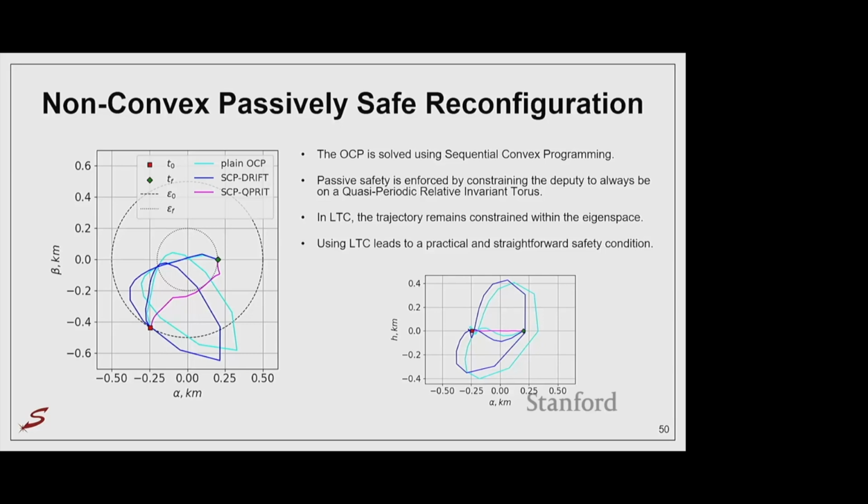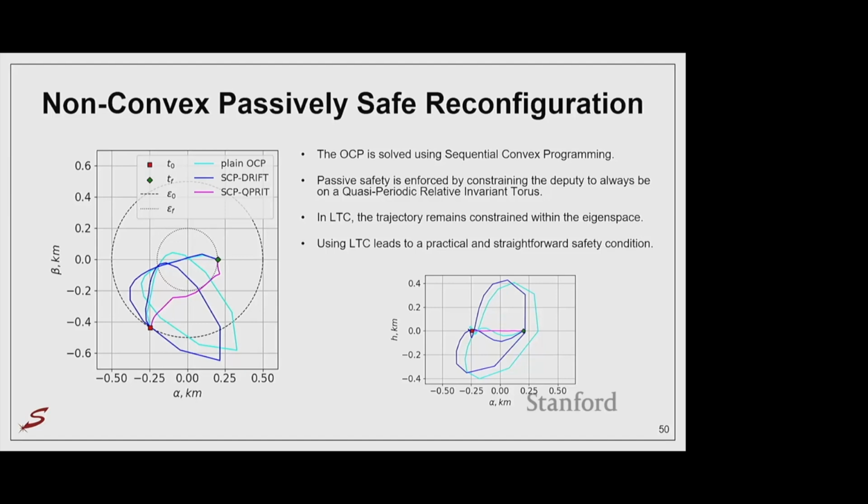If we apply these other methods in blue that don't leverage local toroidal coordinates, the spacecraft does not stay within the invariant circle. This could lead to a loss of quasi-periodicity and loss of passive safety. However, if we look at the magenta trajectory here in local toroidal coordinates, using the non-singular local toroidal coordinates, at every step along this trajectory passive safety is enforced.